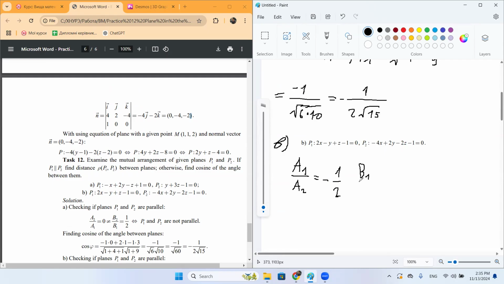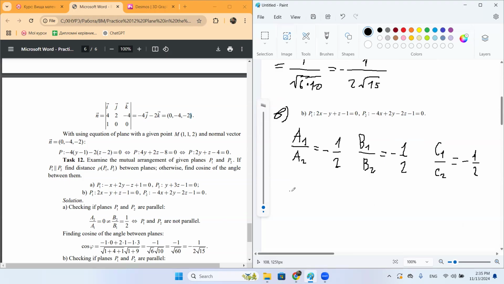B1 by B2 equals minus 1 second. C1 by C2 surprisingly equals minus 1 second. Now let's calculate the distance between planes.